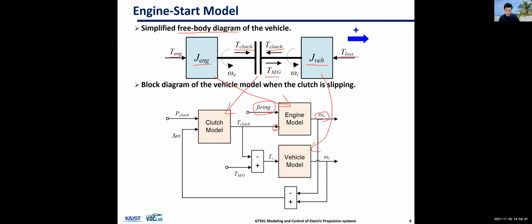The vehicle model takes input torque, which consists of clutch torque and motor torque, and the resulting output is the vehicle speed.